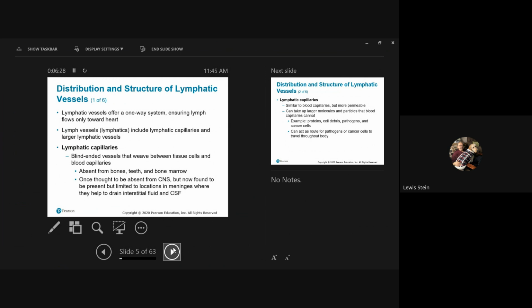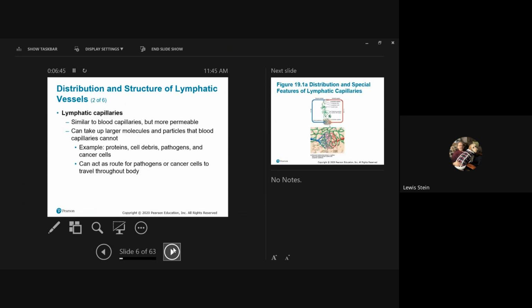So the capillaries are in the tissue, in between cells and around the blood. We don't see them in certain areas. It's not that terribly important. Bones, teeth, and bone marrow. Okay. Even we find them in limited areas in the central nervous system. They're like blood capillaries, just a lot more permeable.